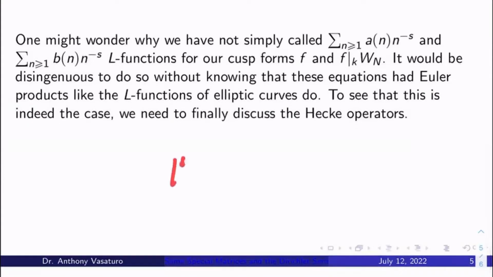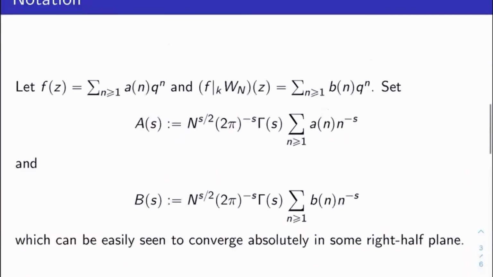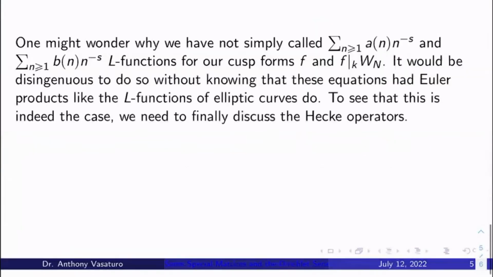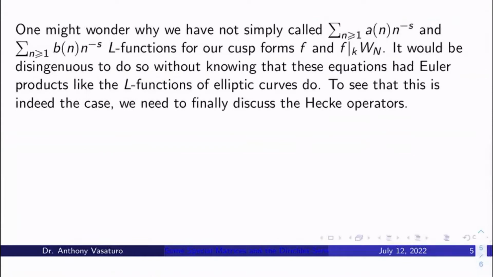They can be written as products over primes of some complicated reciprocal expressions. That is really what it takes to be an L function. You want a Dirichlet series sum formula, and you want an Euler product formula. We don't actually know that either one of these sums has an Euler product formula. And so we're going to investigate that over the next couple of videos.